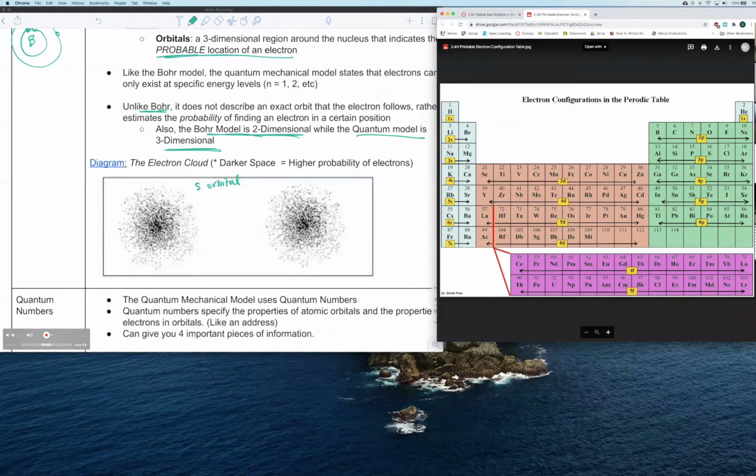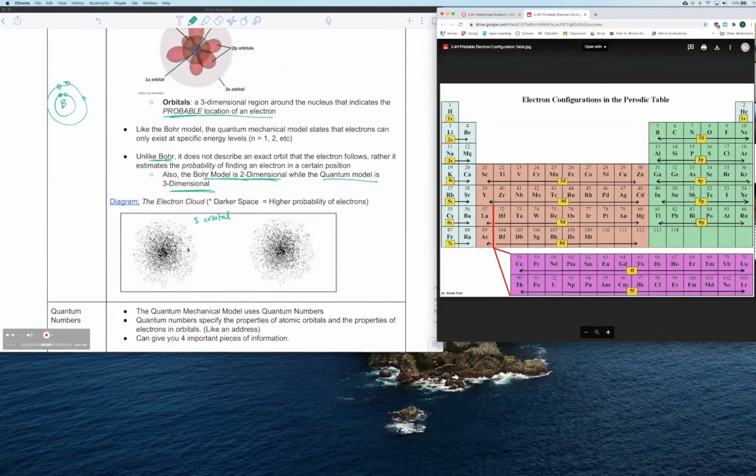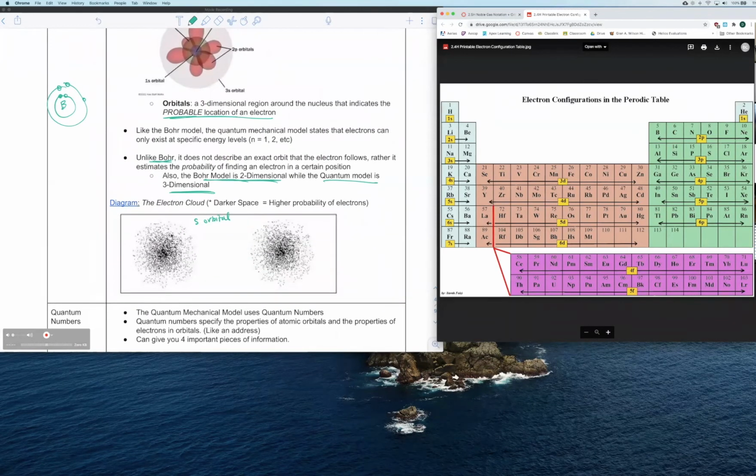So if you look here, this darker area, that's where the electrons were found more often. So most of the time, the electrons are going to be here, and then sometimes they'll be spread out. But if you take a picture of it overall, over time, you can see it turns into this sphere shape. So that's how electrons have shapes or orbitals. It shows the probability of where they're most likely going to be.